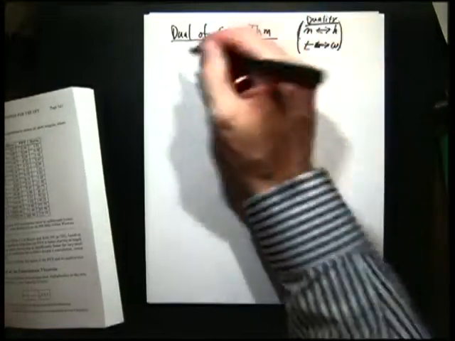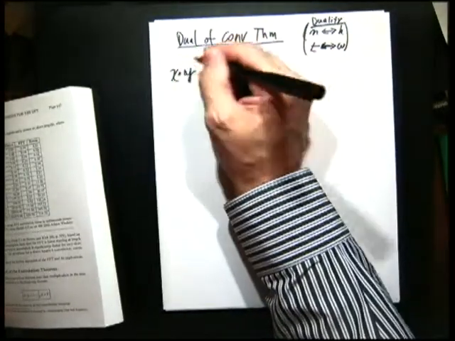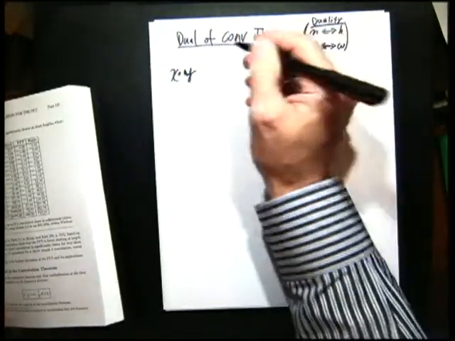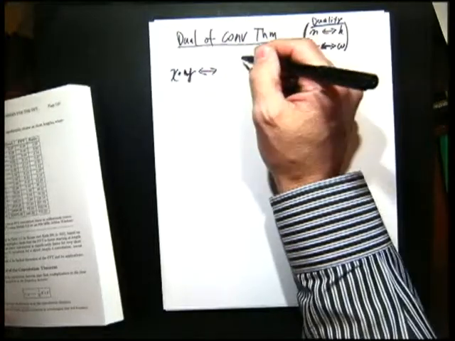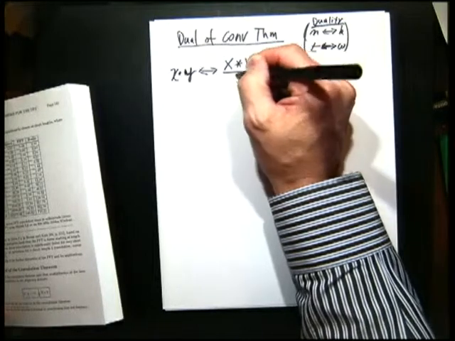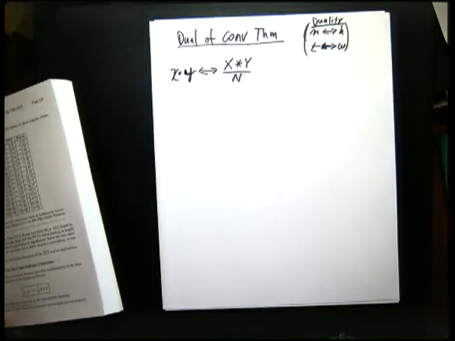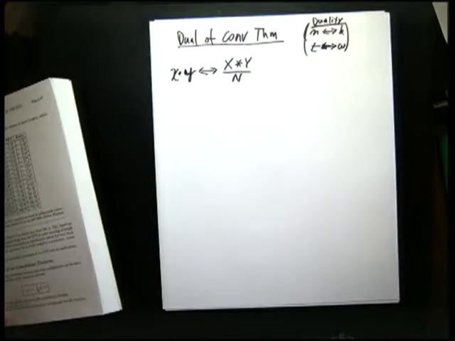So the dual of the convolution theorem says that a signal times another signal pointwise corresponds to the convolution of their spectra. And because we use unnormalized sinusoids in our definition of the DFT, we get a division by N here.